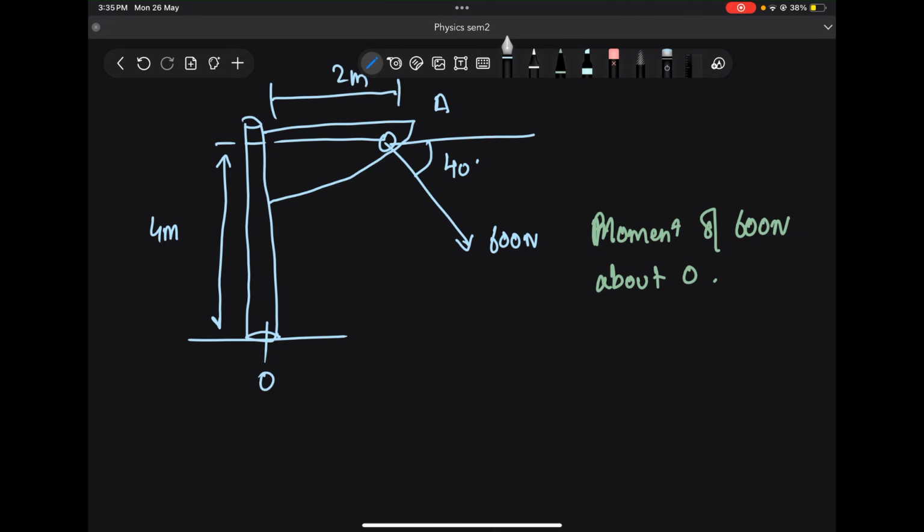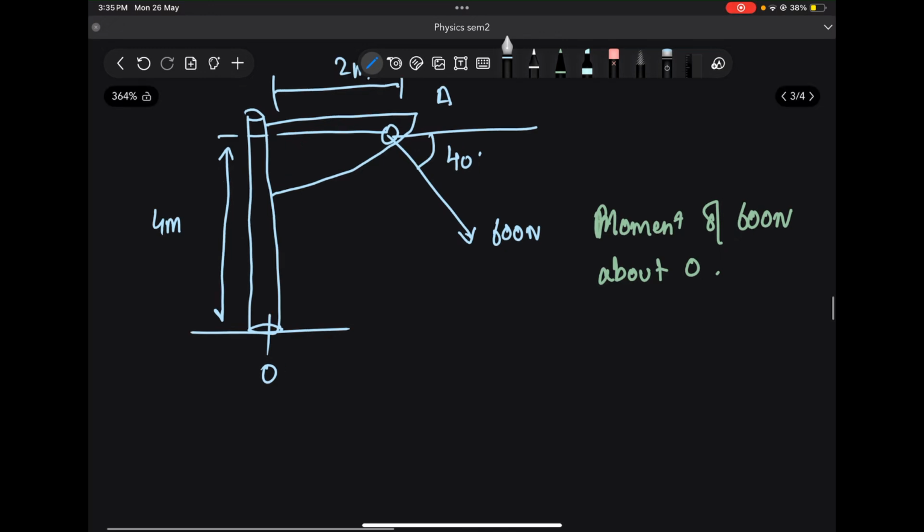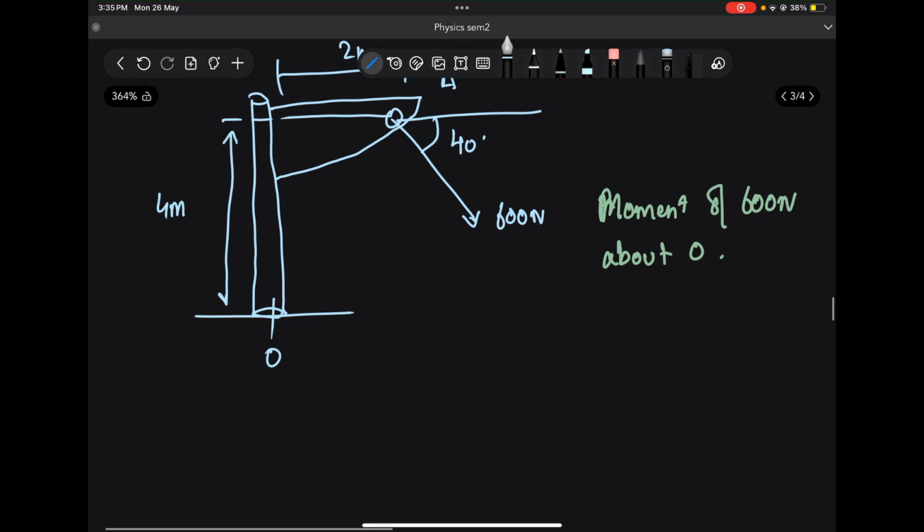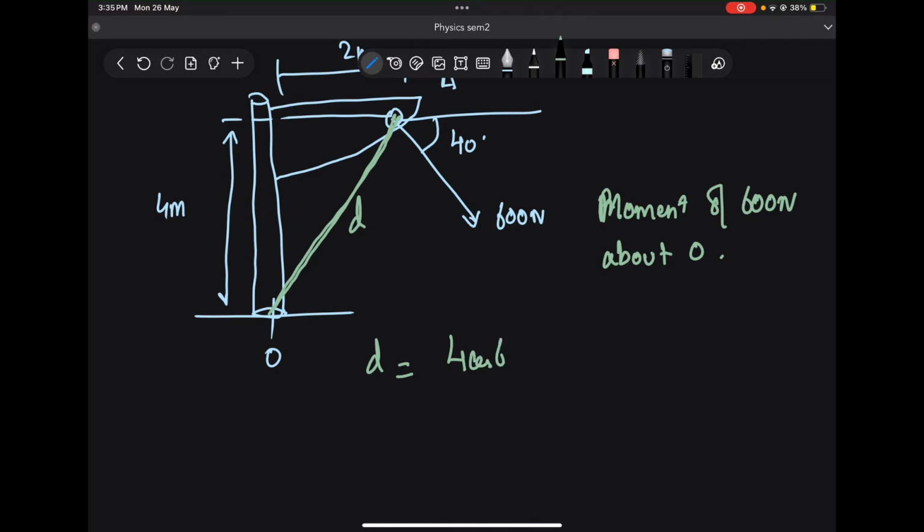Okay, so there are actually a lot of ways in which this solution can be achieved, right? So the first thing that I can do, or rather the simplest thing I can do, is, let's say I connect this straight. I imagine like there's a scale which connects the point A to the point O, and this length is D. Now, from geometry, I can see that D is equal to 4 cos 60 plus 2 sin 40.